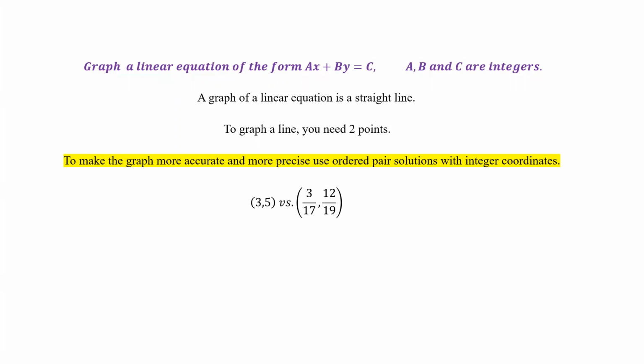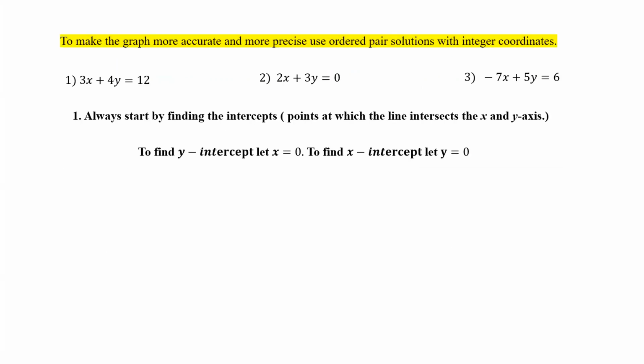So I would like to offer 3 examples of linear equations of the form ax plus by equals c, and I will graph them using only ordered pair solutions with integer coordinates. To start, I will always find the intercepts, points at which the line intersects the x and y axis.